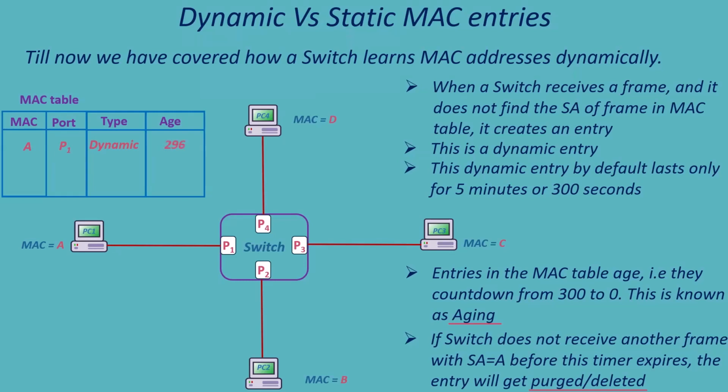I've just depicted it decrementing, but assume that it is going through all the seconds from 300 to 5. It reaches 5 and then it goes to 4, 3, 2, 1. And after that, if a frame still has not arrived, then this entry will get purged or deleted.